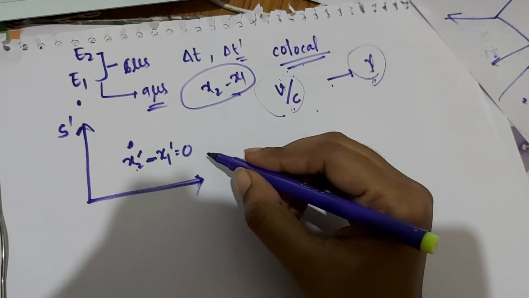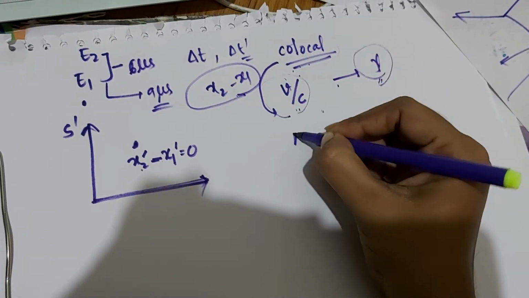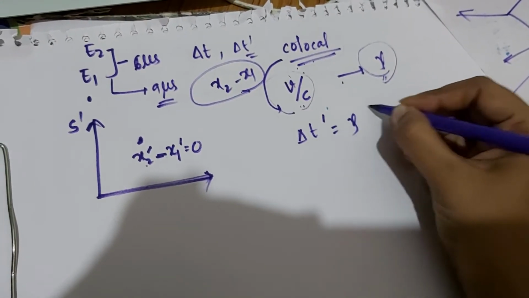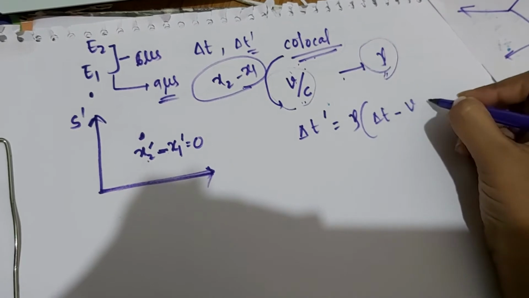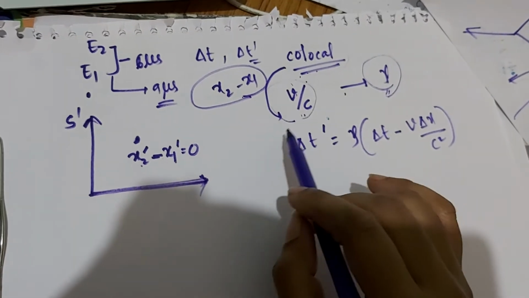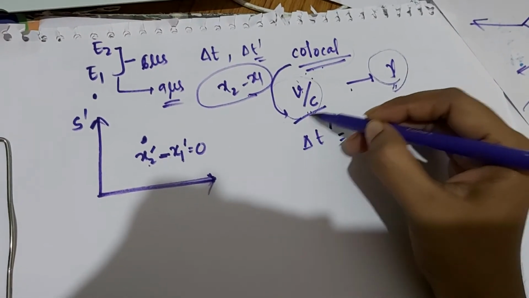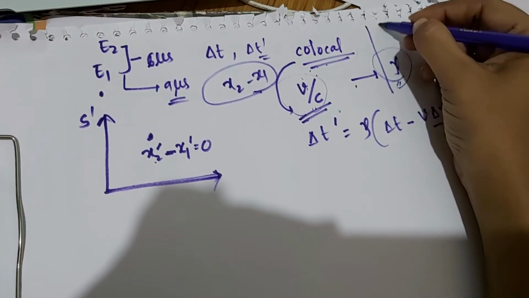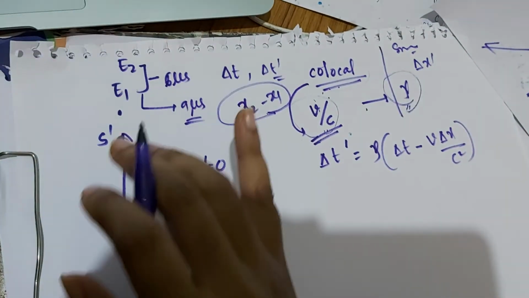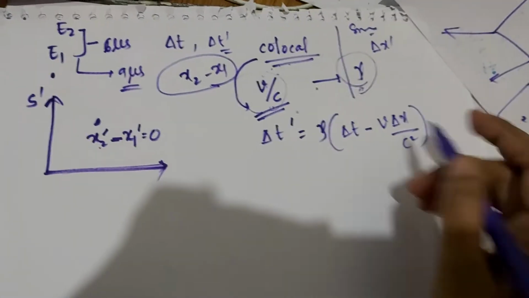If it is co-local, take the delta t part, that is delta t prime equals gamma (delta t minus v delta x by c square). Similarly, if it is simultaneous, to find v by c, take delta x prime. As you can see, we have considered delta t prime. Now we have to find the value of gamma.